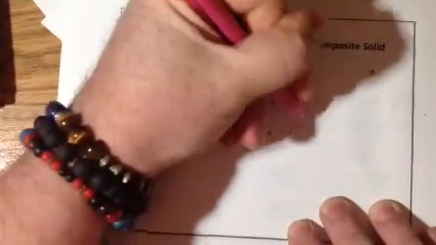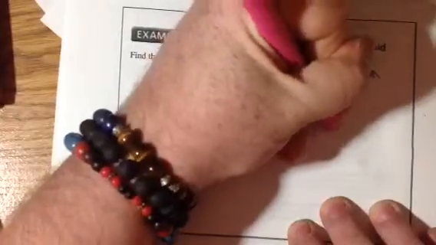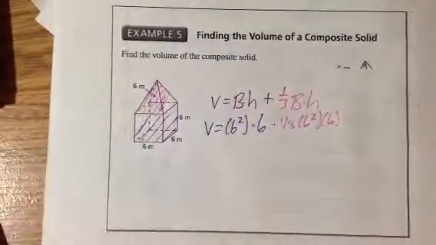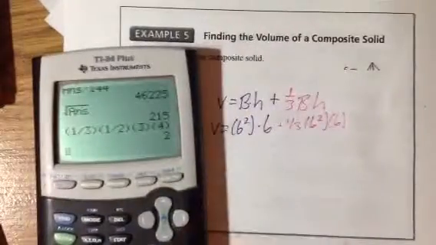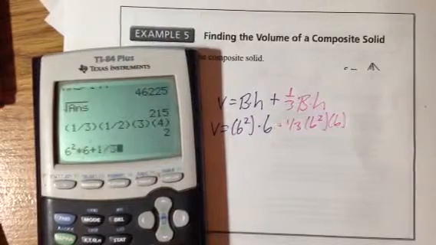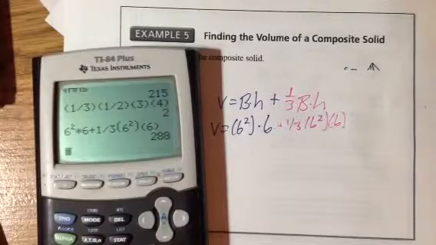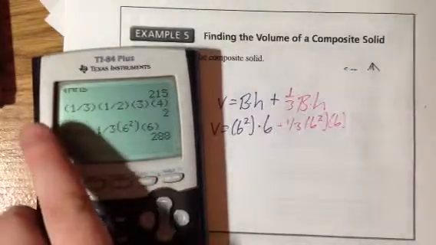And right here we have 1 over 3 times 6 squared, since the base is still a square, times 6. So just type that all in your calculator and we get 288. And this is a volume, so that'll be in cubic units, in this case cubic meters.